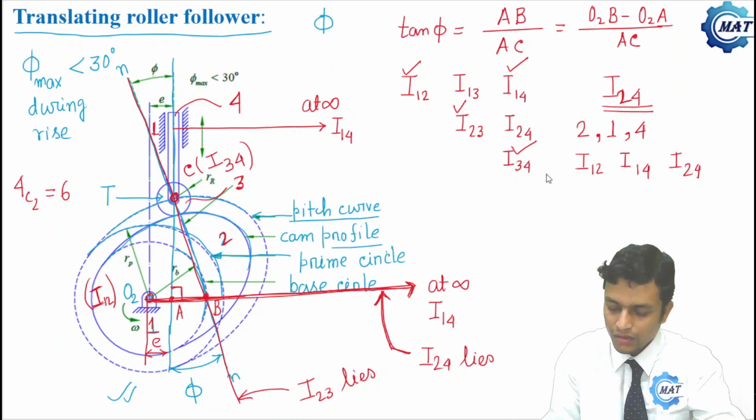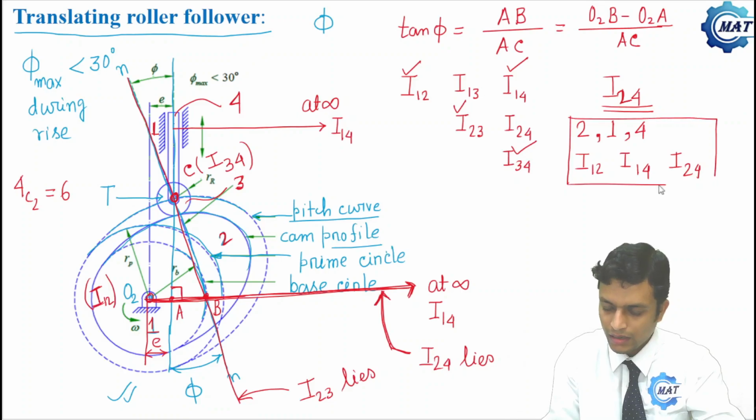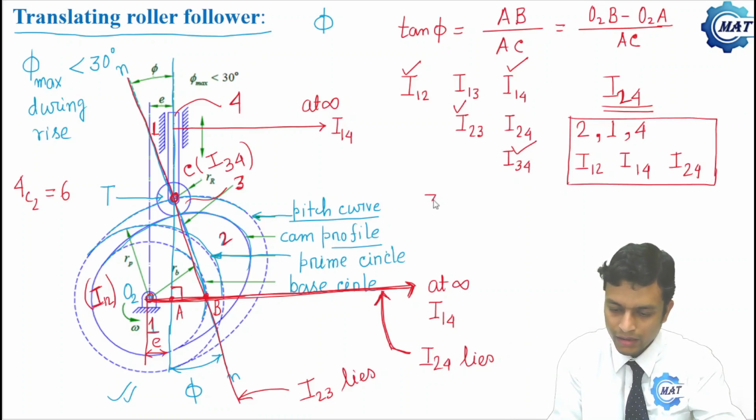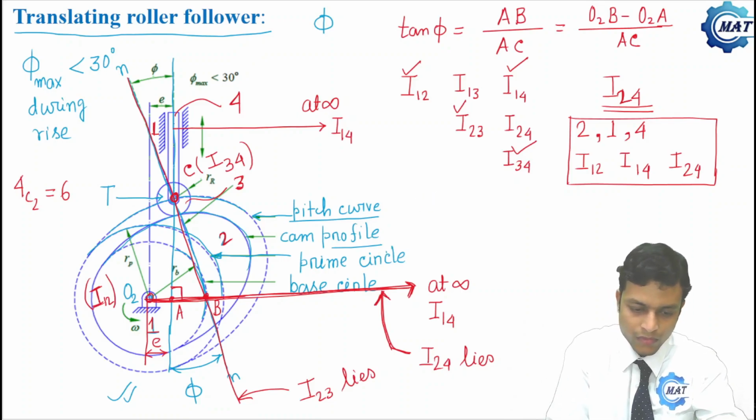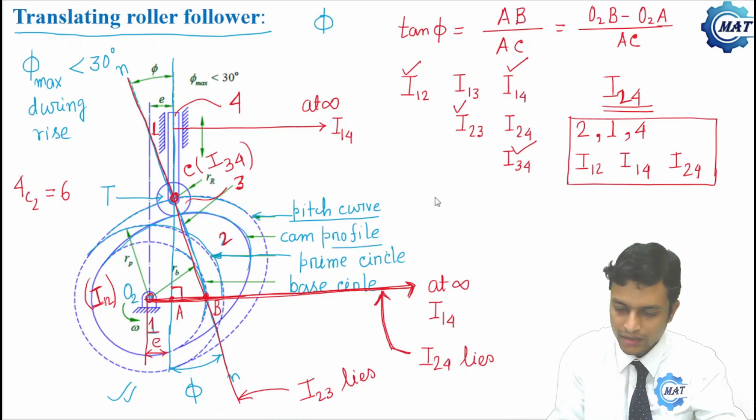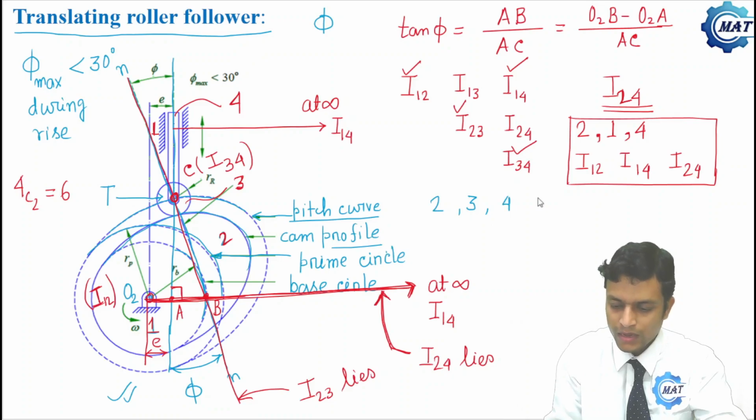Next set is links 2, 3 and 4, and we can say that I23, I34 and I24 are collinear.